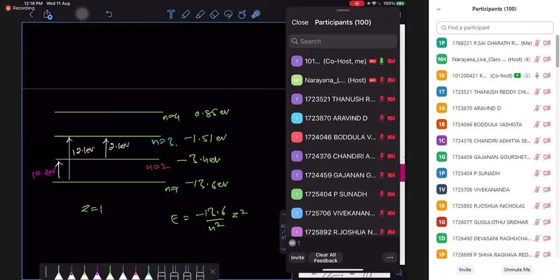Many gaps are not required, just these 3 are enough. If you remember these levels, it is going to be enough.